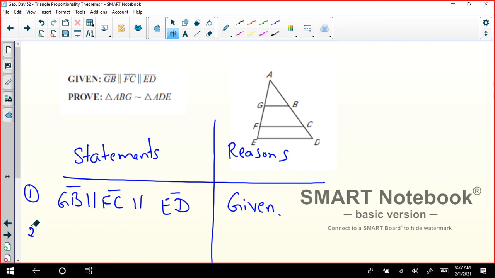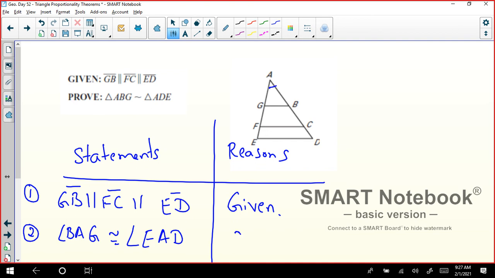In the next step, I can say that angle BAG is congruent to angle EAD by reflexive, since I'm speaking about the same angle.